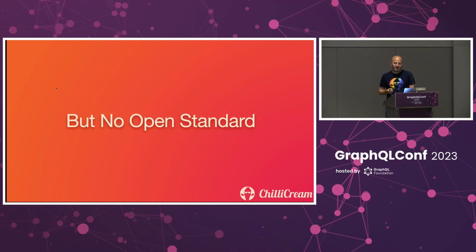What all have in common is that they are not using an open standard. So there's no open protocol that they use which allows us to exchange the tooling that we use. Typically, when we have such a complex setup, like distributed GraphQL setups, where we have all these subgraphs and all these teams competing to update the schema, then we also need a lot of tooling.